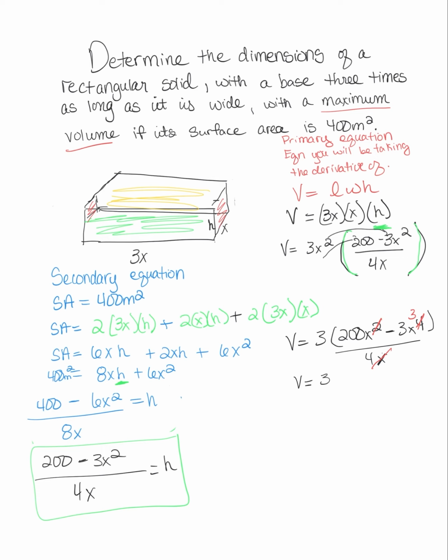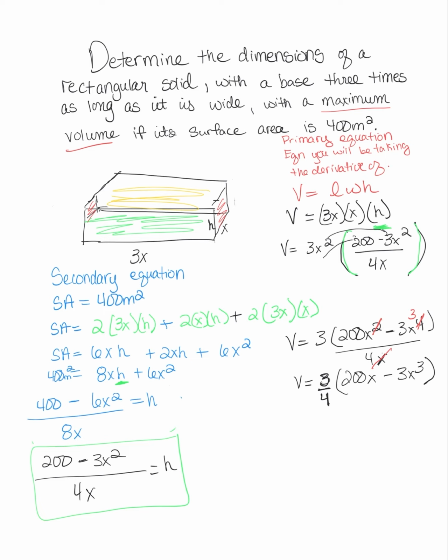So volume equals 200x minus 3x cubed. And then I'm going to bring this 4 over here. I'm going to just pull it out because it's still in the denominator, and if I redistributed this, it would just look just how it was before, okay?